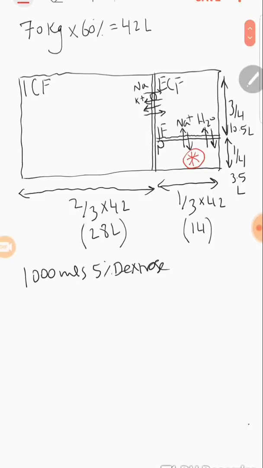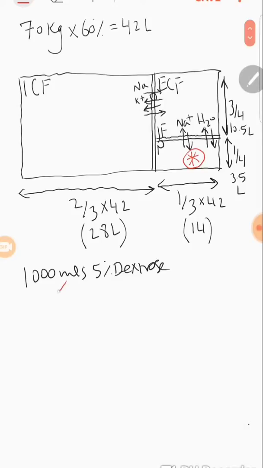Let's calculate how this liter of 5% dextrose is going to get distributed throughout the body. We already know that 5% dextrose is the same as water, and the water infuses through the capillary wall into the interstitial fluid and into the intracellular fluid, and essentially this liter of dextrose spreads equally throughout the body compartments.